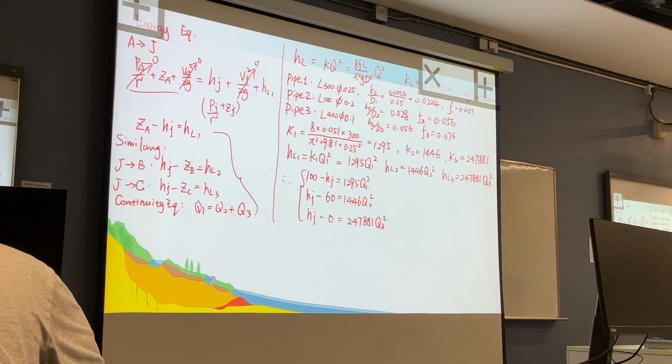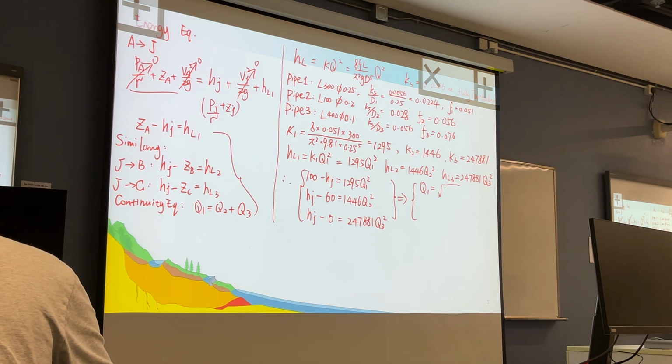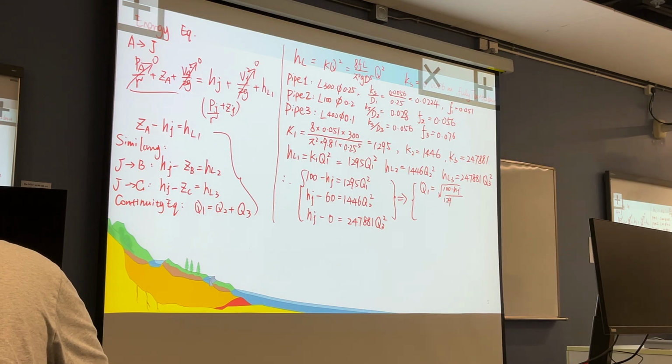And so for the Q's, Q1 is equal to the square root of 100 subtract HJ over 1295.